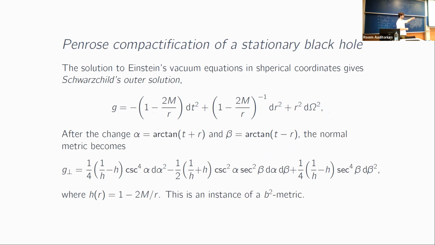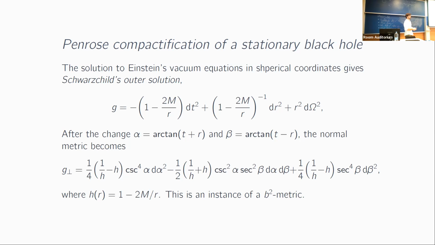And if we take a Penrose compactification, or Penrose-like, because it is actually not conformal, we obtain this normal metric. And interestingly enough, we have the cosecant function, which blows up quadratically at alpha equals pi fourths, I believe, yeah. And so as it blows up quadratically, a good candidate for an E structure would be the set of vector fields vanishing quadratically at the boundary.